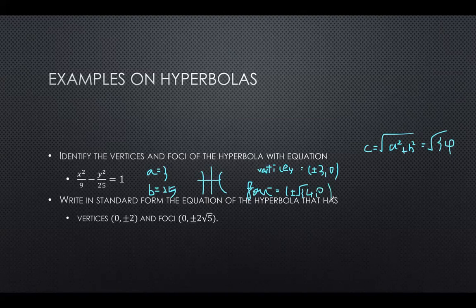Okay. As for the next question, the vertices and foci are on the y-axis, so that means the coefficient for y squared is positive. So in this case, you have y squared minus x squared.